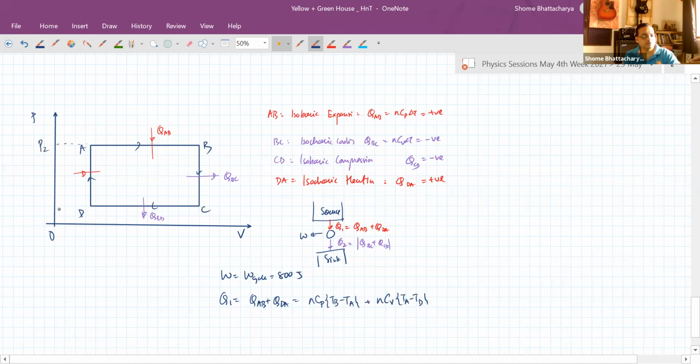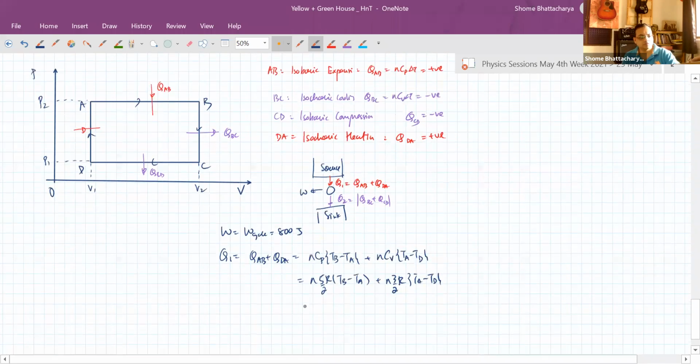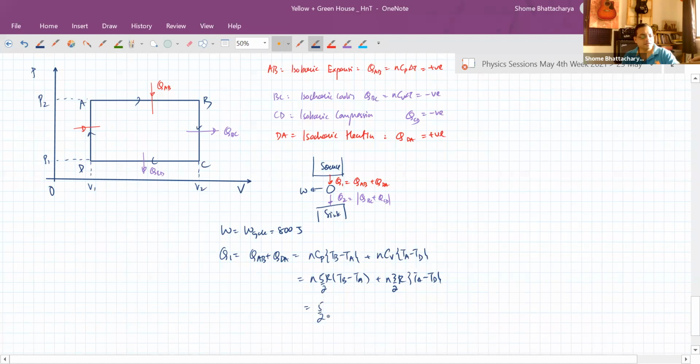Since this was P2 and this was P1, we can also write this as n into, monoatomic gas, so 5/2 R. Now further, this can be reduced to 5/2 times nR delta T. So during the isobaric process, it will become like this. And this one during the isochoric process becomes like this.